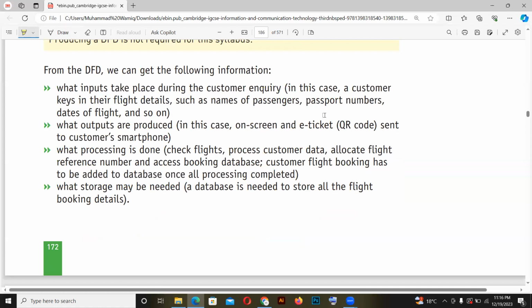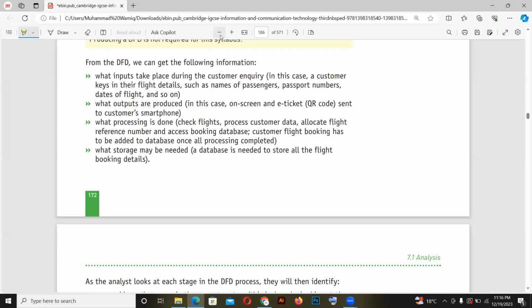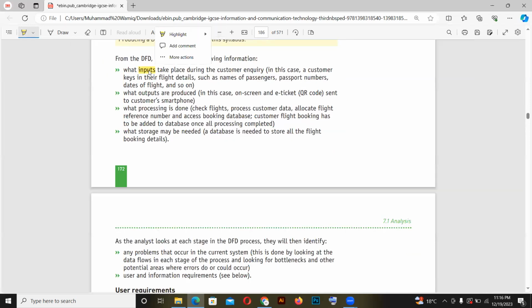Now, from the data flow diagram, you can get the following information that I have just discussed with you. First of all, you can see what inputs are taking place during your customer inquiry. For example, in this data flow diagram, you can see that a customer keys in their flight details, such as the names of passengers, their passport numbers, their details of flights, and so on.